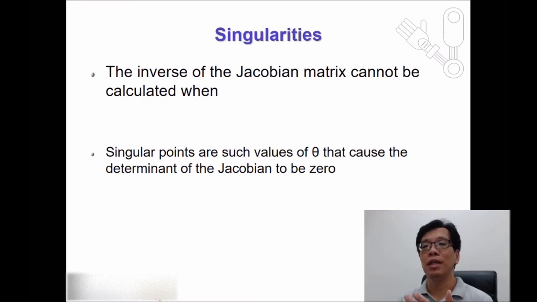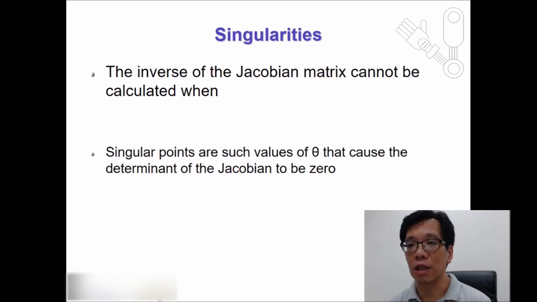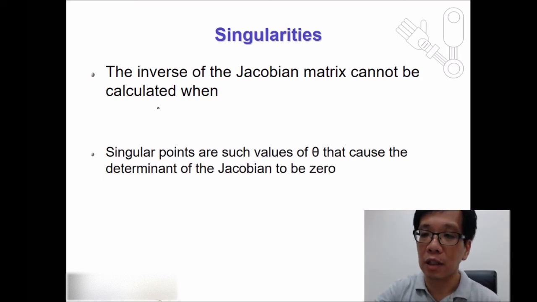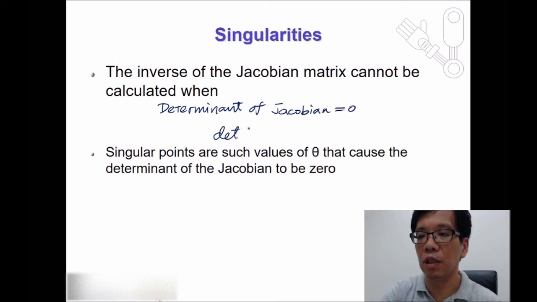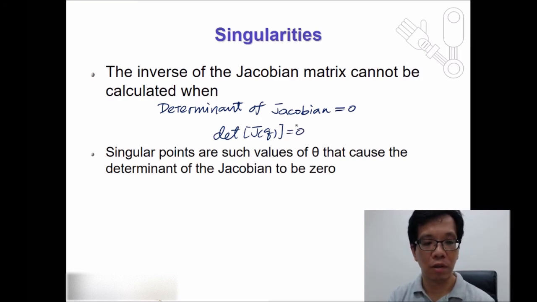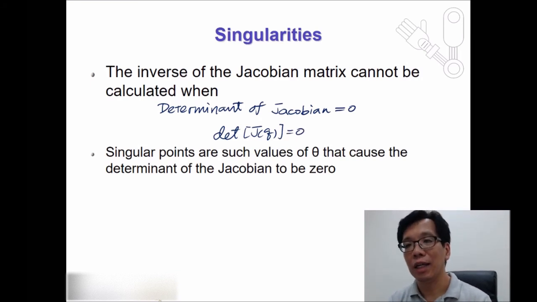When we say the Jacobian matrix is singular, it means the determinant of the Jacobian equals 0, or det J equals 0.